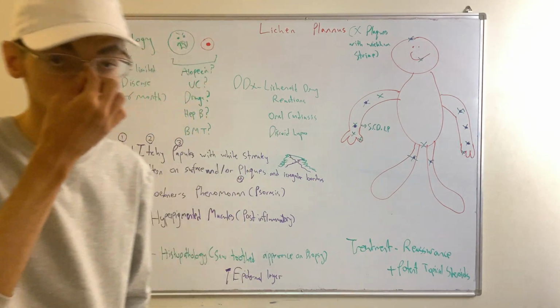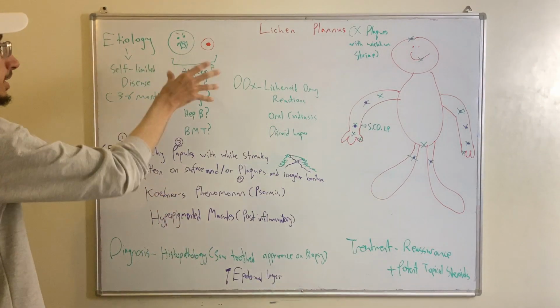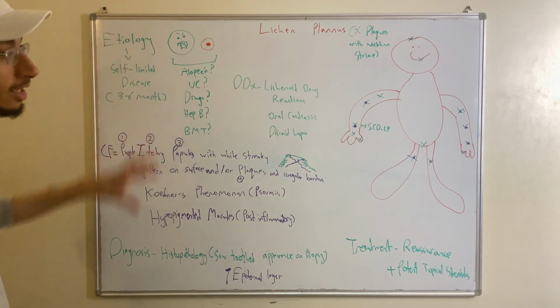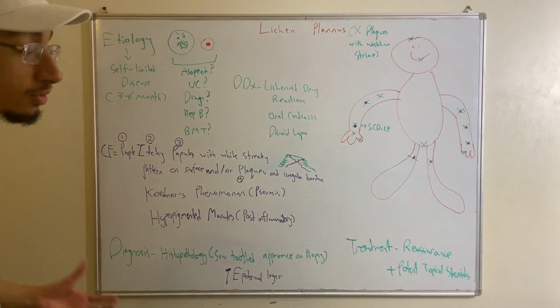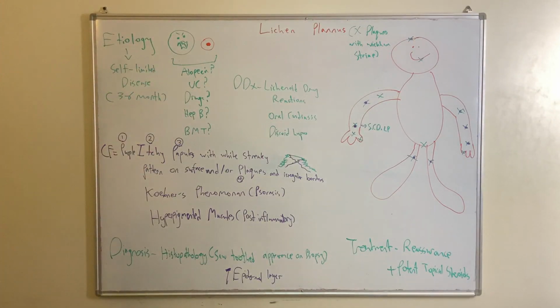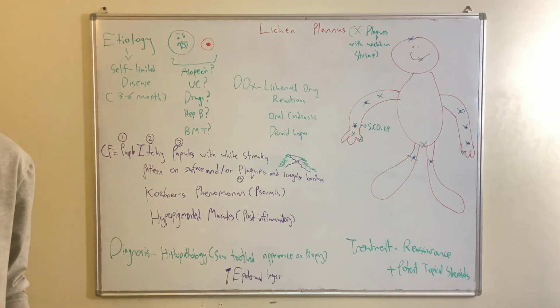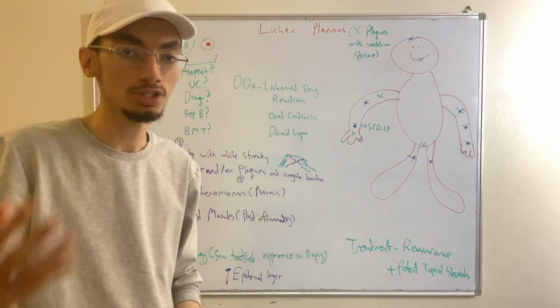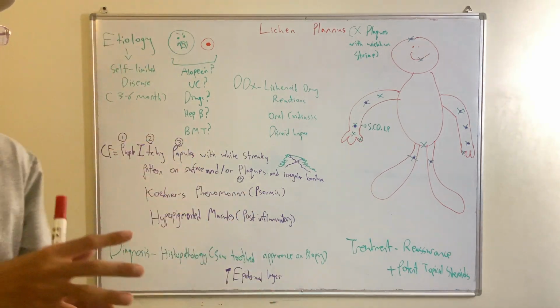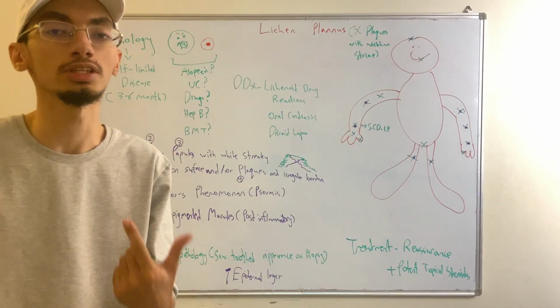The only thing really that's written in books is that in lichen planus there is an attack by lymphocytes, like for example the Langerhans cells. The lymphocytes attack some of the cells in the epidermis, like the keratinocytes, for example. They attack some of the cells in the epidermal layers, the four subtypes of epidermal layer. So the lymphocytes can attack some of the epidermal cells, and this causes inflammation.